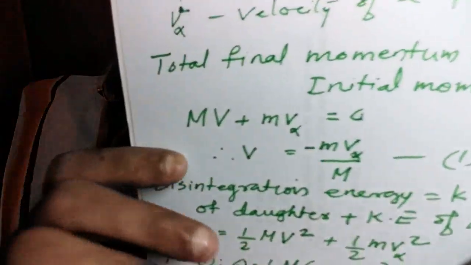Before that it should obey conservation of momentum. So total final momentum must be equal to total initial momentum. Initially the parent nucleus was at rest, so its momentum must be 0. Total final momentum is momentum of the daughter plus momentum of the alpha particle.